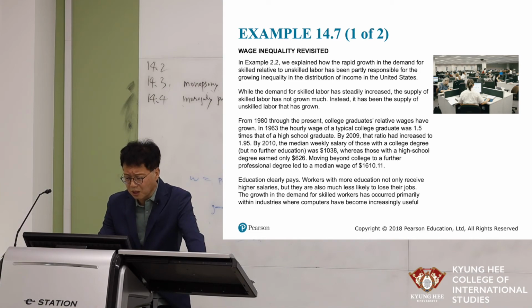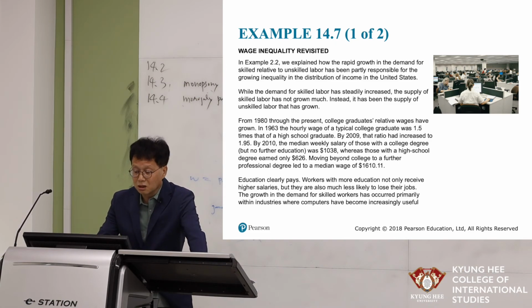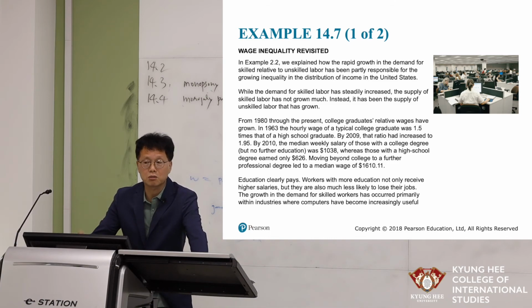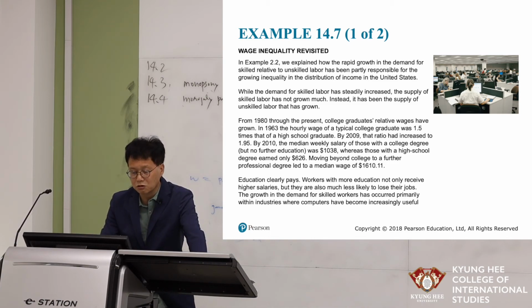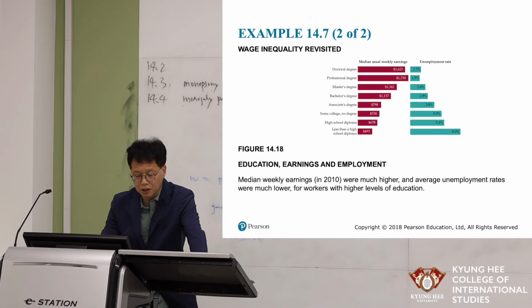The growth in the demand for skilled workers has occurred primarily within industries where computers have become increasingly useful. In the United States, college graduate students who take computer science courses have no problem being employed, right? That happened already 20 years ago. But recently, Korea followed that kind of employment pattern.